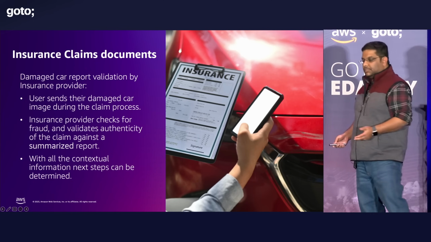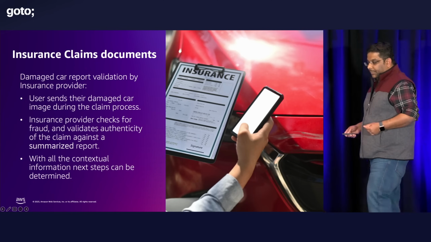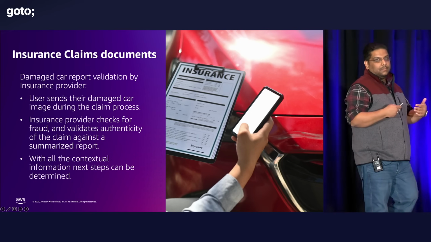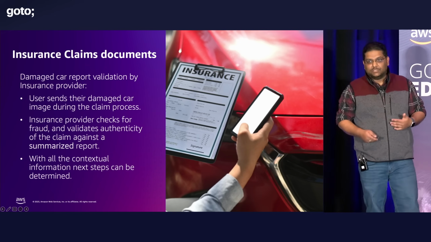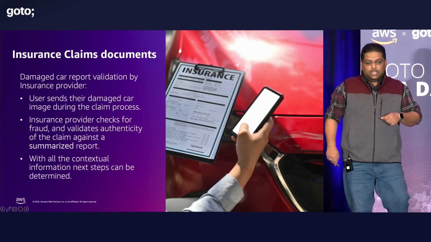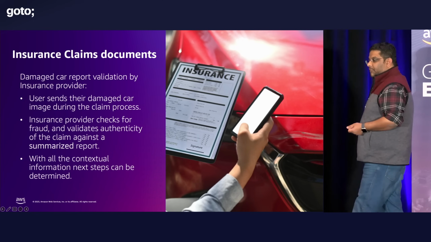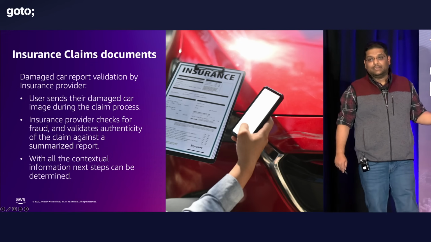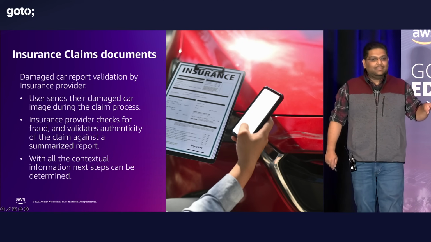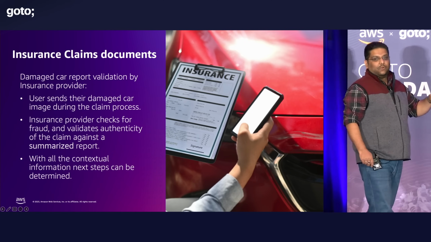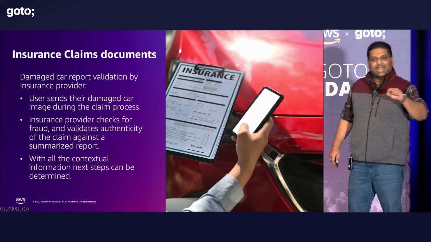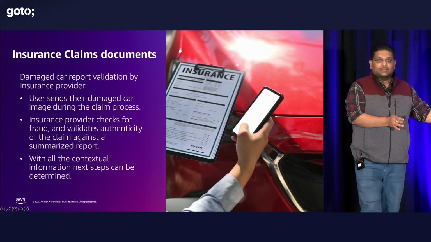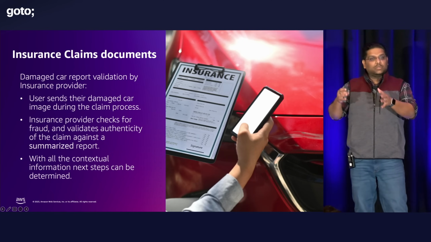If you have any insurance, or if you're any insurance provider, when any claim is filed, whether it's a car claim or a life insurance claim or any device insurance claim, whatever claim is filed, as an insurance provider, you can do some additional checks to figure out whether the data that was provided as an image has any anomalies, has any fraud, or you can, based on the summary of the report, move forward and see, based on that contextual data, what should be the next step.